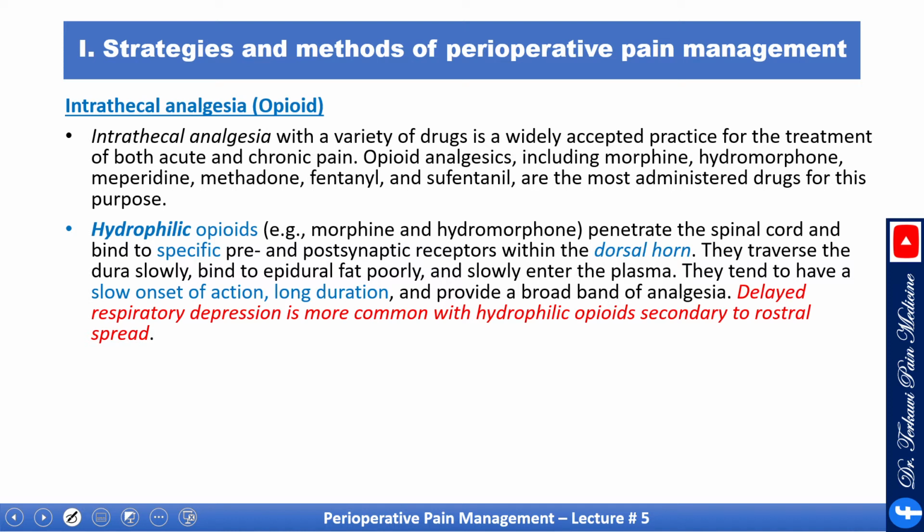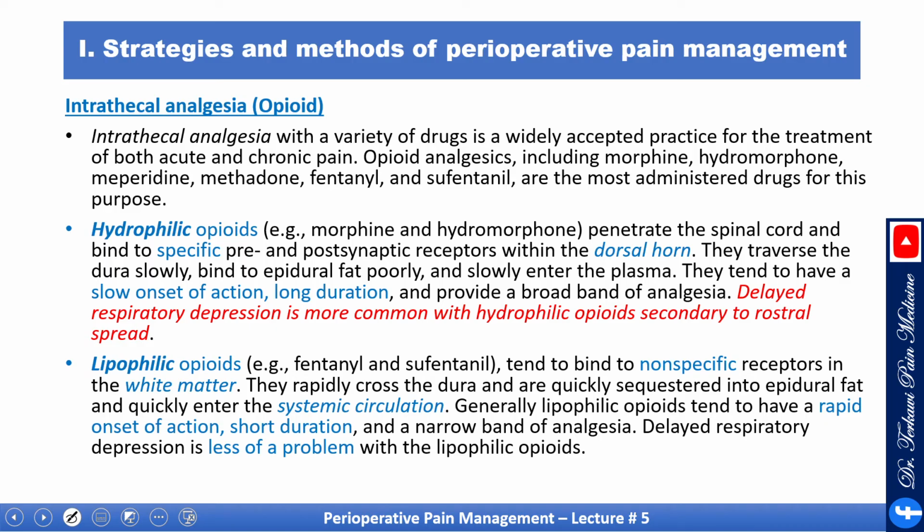They traverse the dura slowly, bind to epidural fat poorly, and slowly enter the plasma. They tend to have slow onset of action and longer duration and provide a broader band of analgesia. However, delayed respiratory depression is more common with hydrophilic opioids secondary to rostral spread.